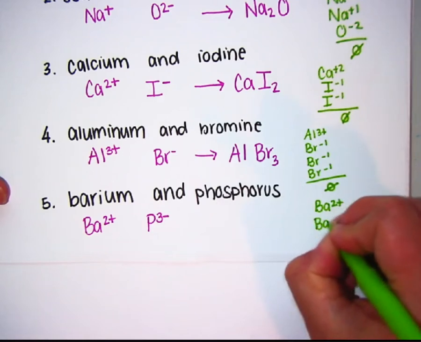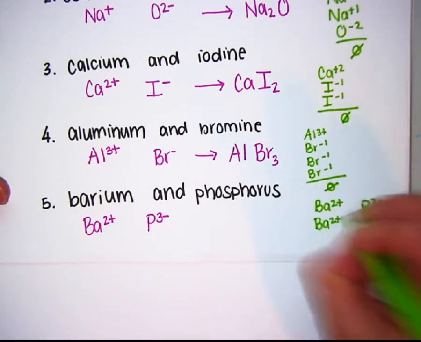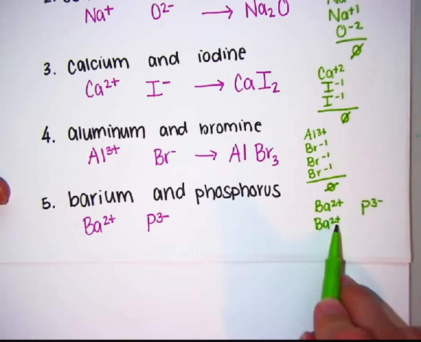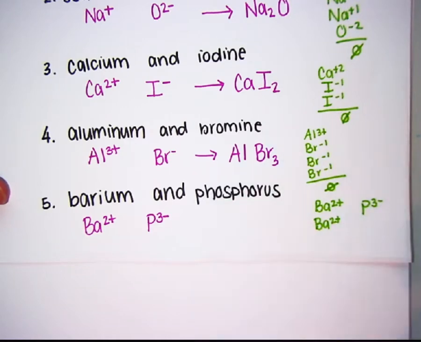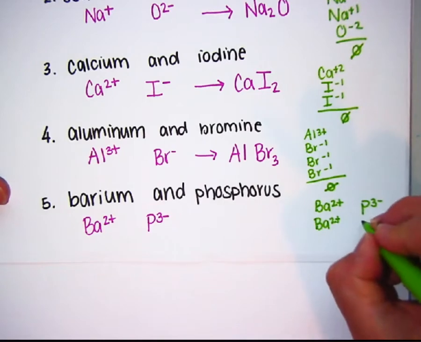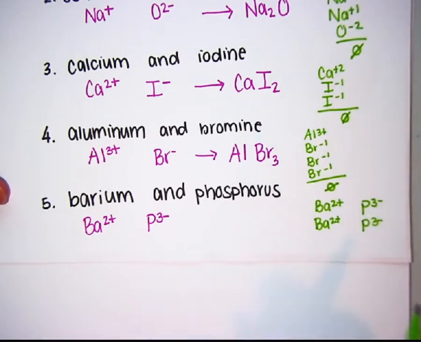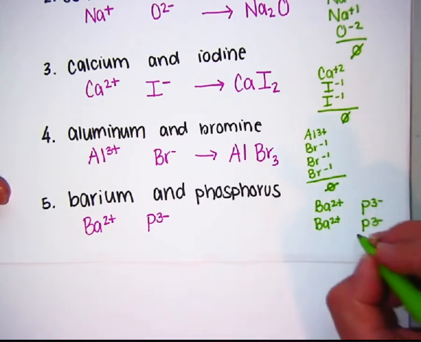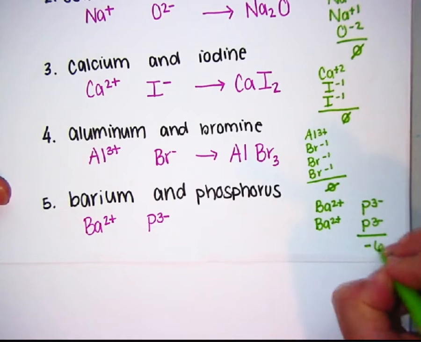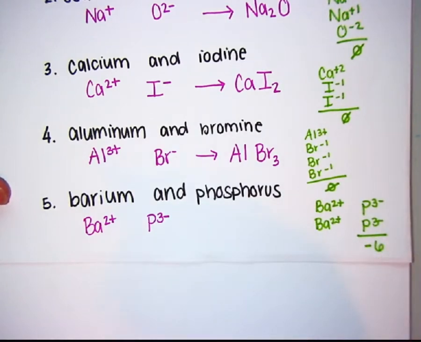Let's add another barium. 2 plus 2 gives me +4. Phosphorus is -3. We're still not neutral. Let's add another phosphorus. Now I have 2 phosphorus ions, which gives me a -6.